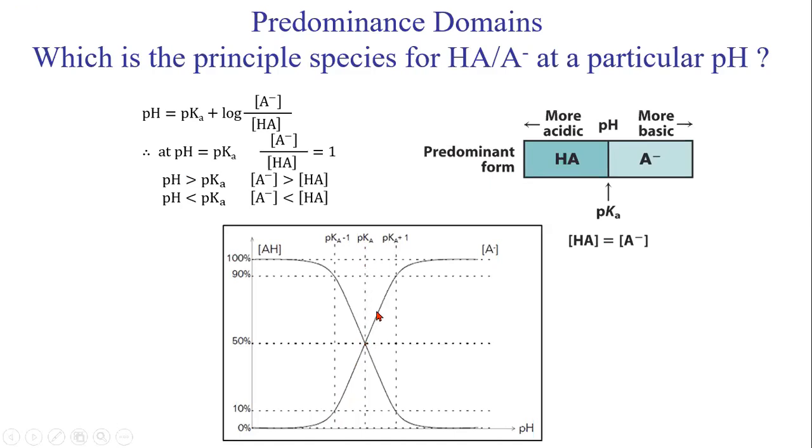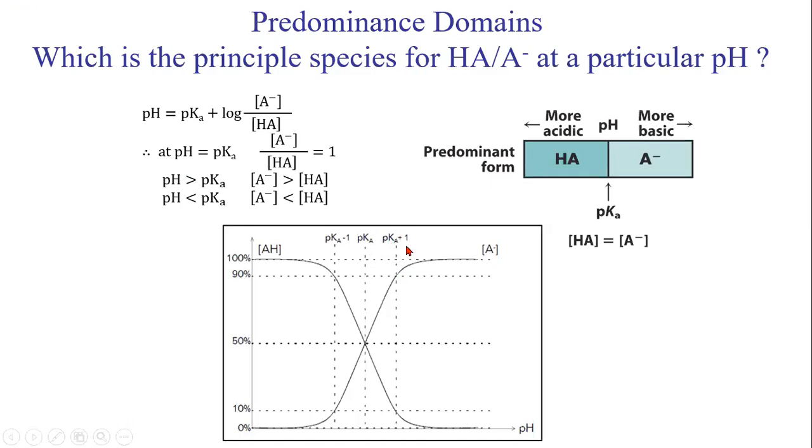And then I go up higher, A minus is increasing while HA is decreasing. What is this, pKa minus 1 and pKa plus 1? This is when I have 90% of my species as HA and 10% A minus. And in here, I have 90% of my species as A minus, and only 10% of it is HA. And so this is also the real predominance.